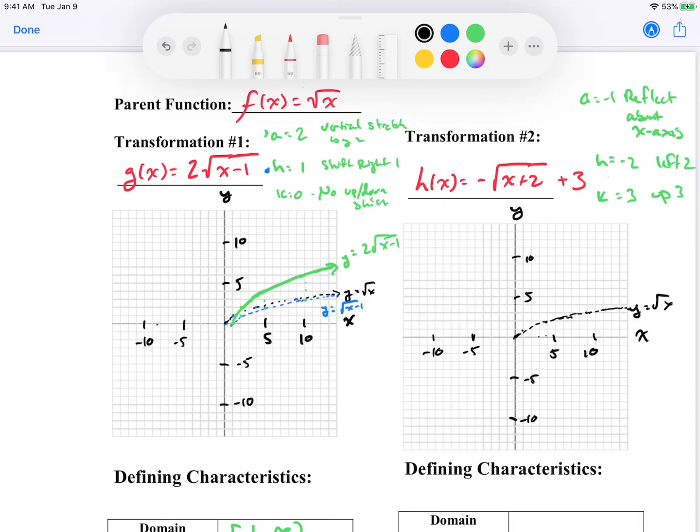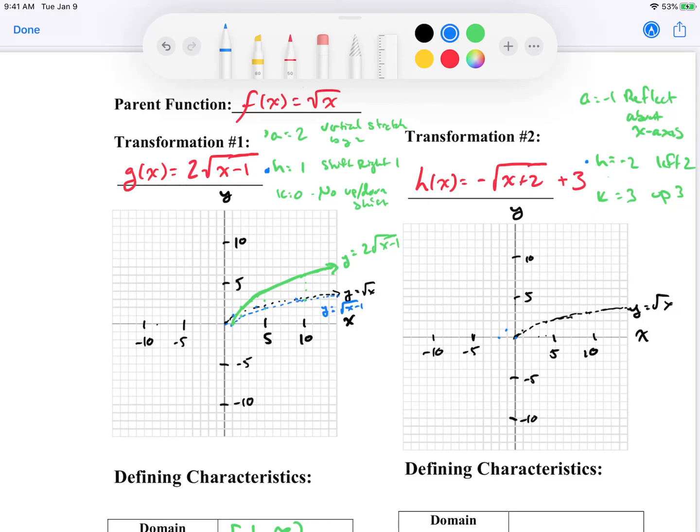I'm going to use blue for my shifting to the left 2. So I'm going to take all these points and shift them left 2 units. So I'm going to take 0, 0 and go 2 to the left. I'm going to take this 1, 1 and go 2 to the left. And so on and so forth. I'm going to do that with each one.